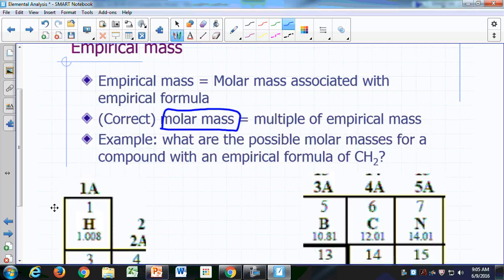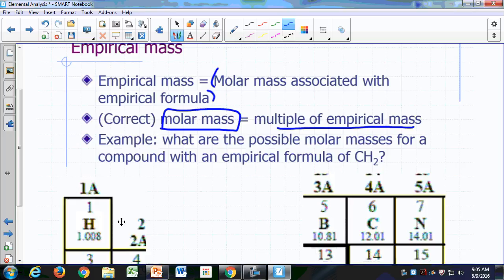So you have to do a separate experiment to determine the molar mass. That molar mass is just going to be a multiple of the empirical mass, with the empirical mass being just the molar mass associated with the empirical formula. So the empirical mass is the smallest possible molar mass. The correct molar mass would just be a multiple of that.